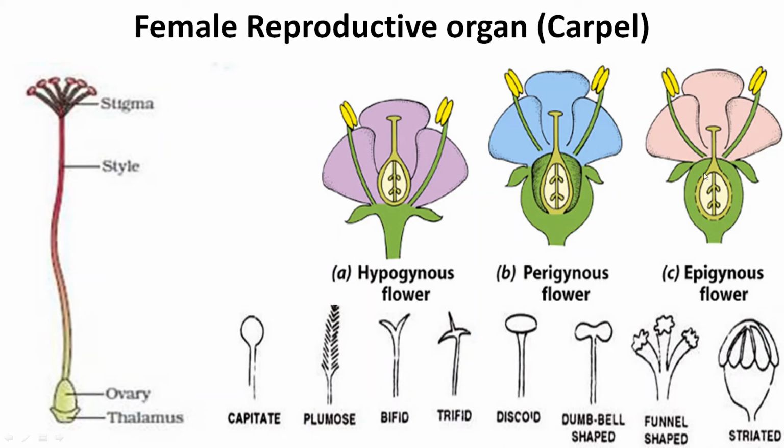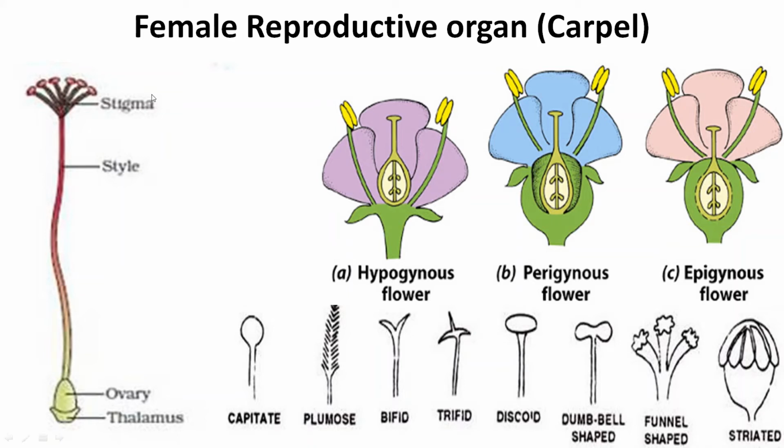And they both are getting fused. See, and the whorls of the flower, that is androecium, gynoecium, calyx and corolla, all remain above the ovary. Here they are below the ovary, here they are above the ovary, and here four whorls are arranged on the rim of the ovary. Okay, so these are the things.